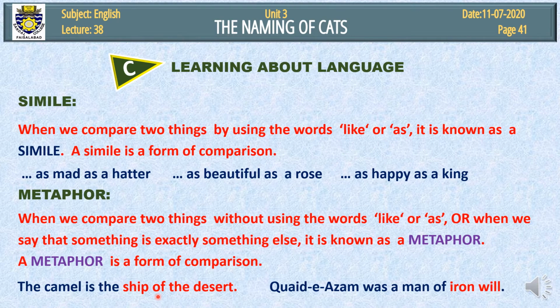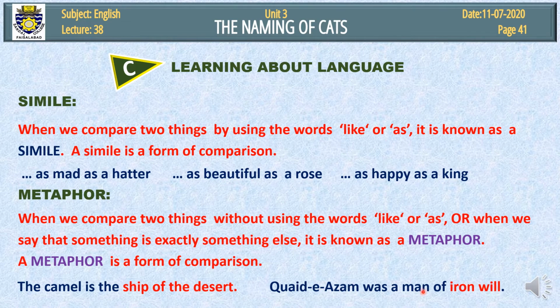This is metaphor. We did not use the words like or as here. We do not say here camel is like the ship of desert. If we say camel is like the ship of desert, then it is simile. When we say camel is directly a ship of the desert, it is called metaphor.